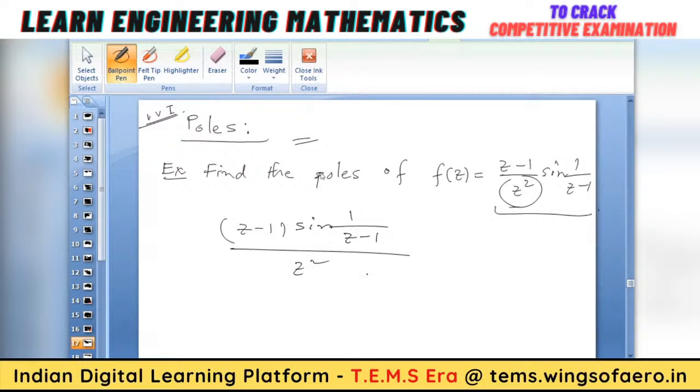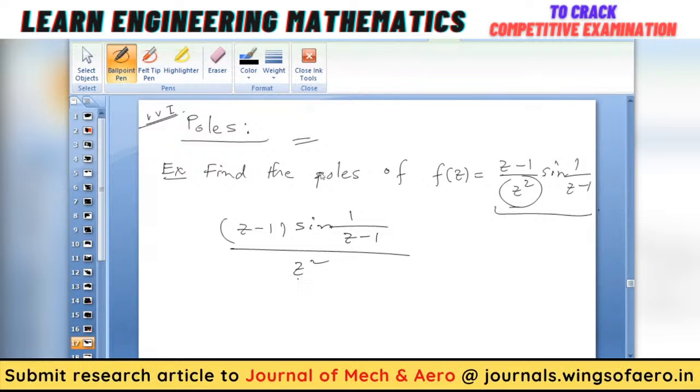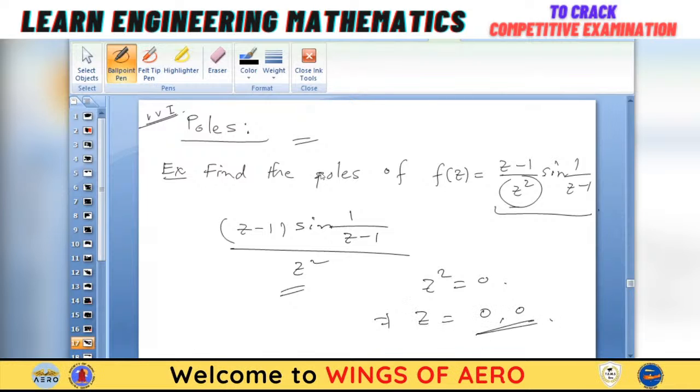Yes, you are right that if I put z equal to 1, there is another singularity, another undefined function. But here in this case, consider z square equal to 0. And here you can find z equal to what? 0, comma 0.